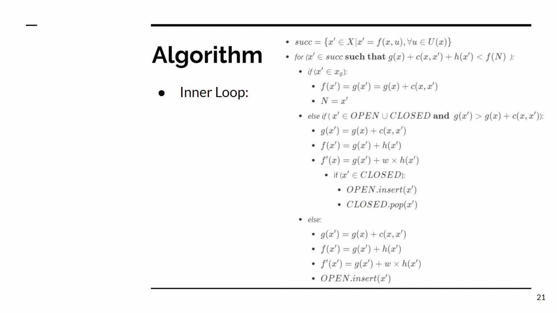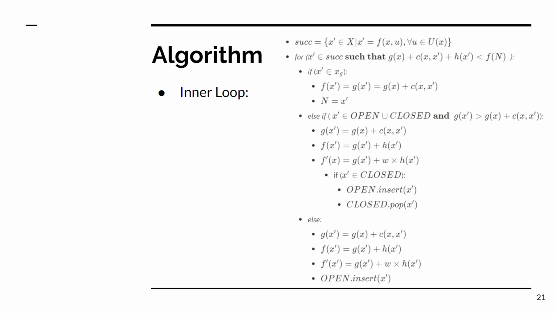This ensures that even among the successor nodes, no node is put into the open list if it has a value which is worse than the previously found solution. Next, a check is in place to see if the node is the goal node; if so, it will update its f value and the g value. It will initialize the intermediate solution with x prime.